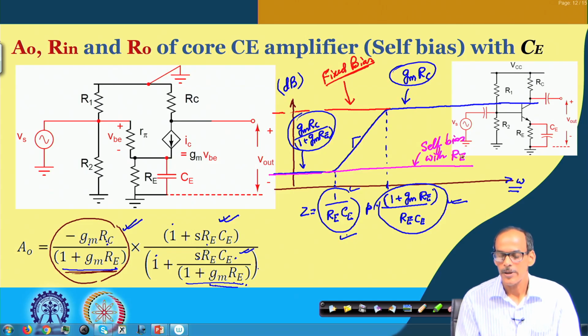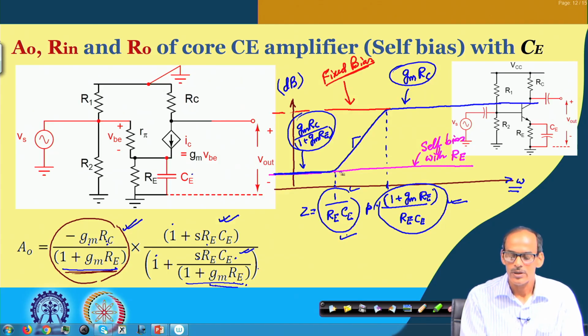On the other hand, if we have self bias but with both R_E and C_E, then at low frequency, before the C_E shows its effect, before this zero frequency, it matches the gain of the self biased circuit with R_E.